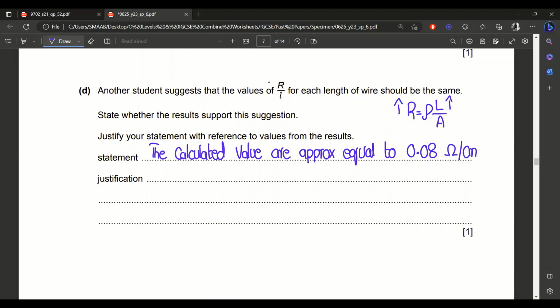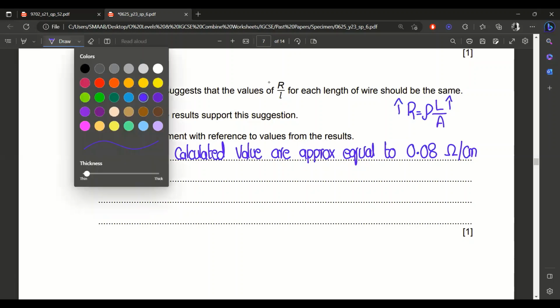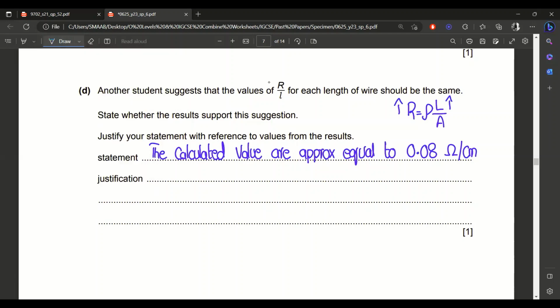So there is a direct relation between resistance and length. So that is the justification of this statement, because R is directly proportional to the length. That is the formula, R equals rho L over A.